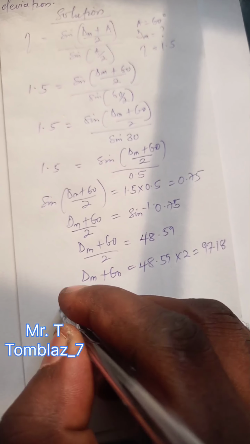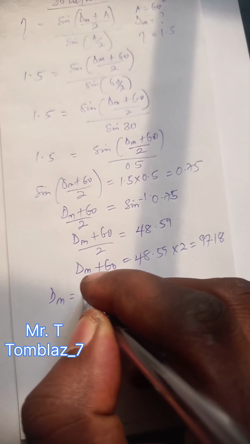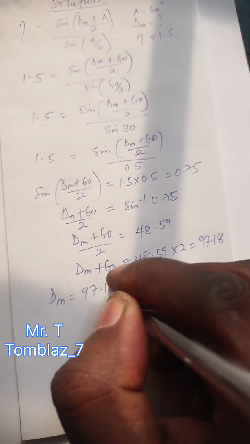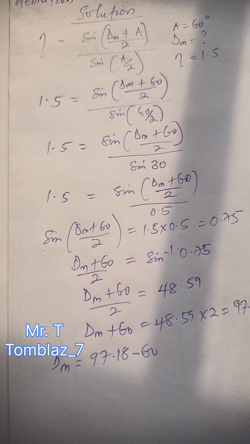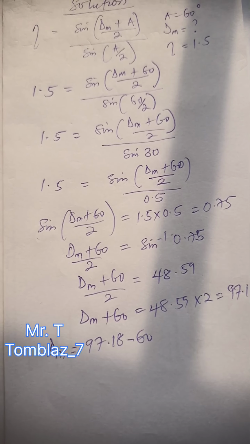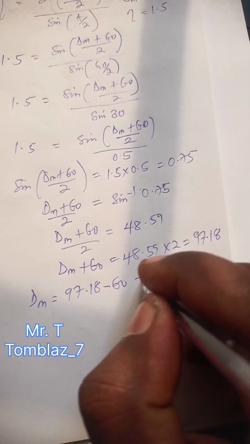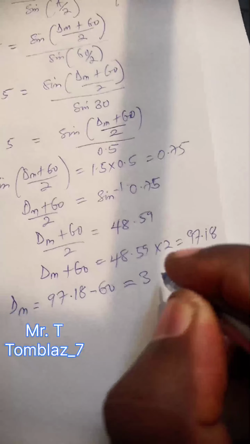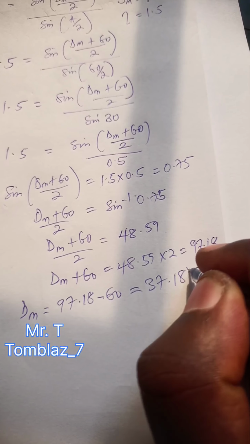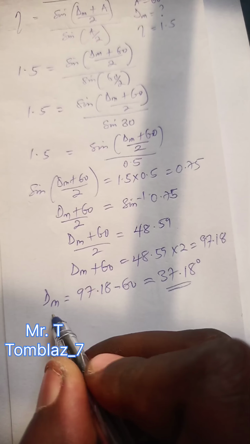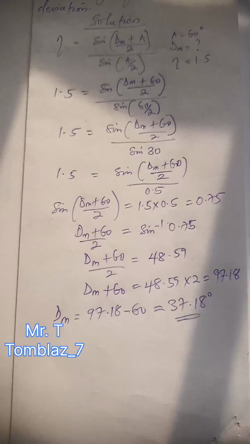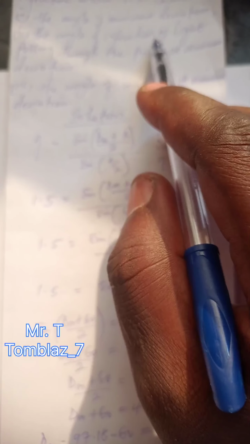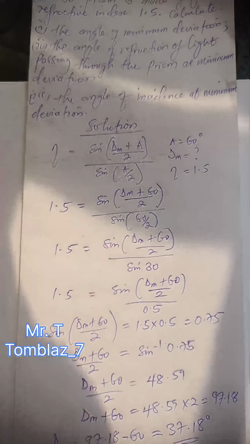So we are looking for Dm, so Dm will be equal to 97.18 minus 60. So let's subtract 60 from it. So we're going to be having 37.18 degrees. So the angle of minimum deviation is 37.18 degrees.